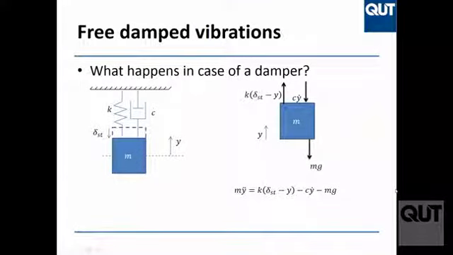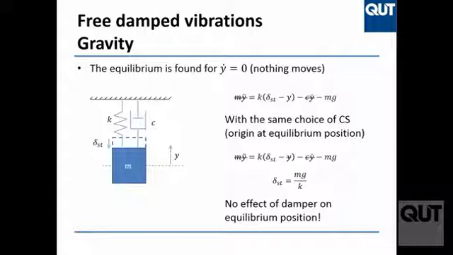We'll do it in an exercise. Don't worry about it. Okay? Then I write Newton's law. m y double dot equals the sum of all forces. So this one is positive, this one is negative, this one is negative. Okay? What do I do at equilibrium? What goes to 0 at equilibrium of this equation?